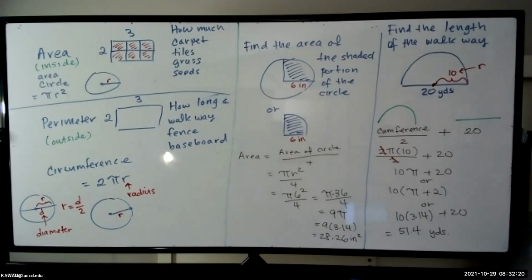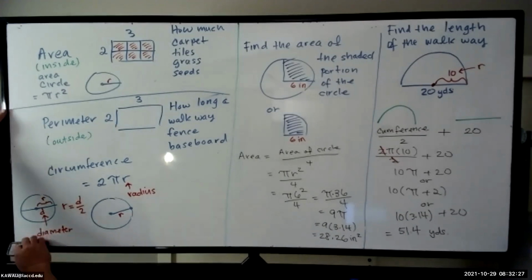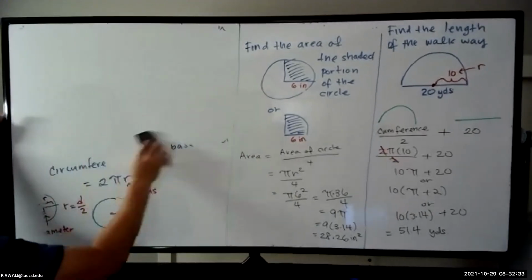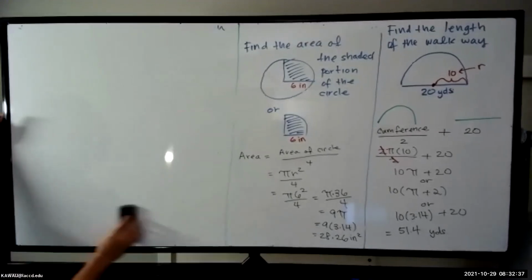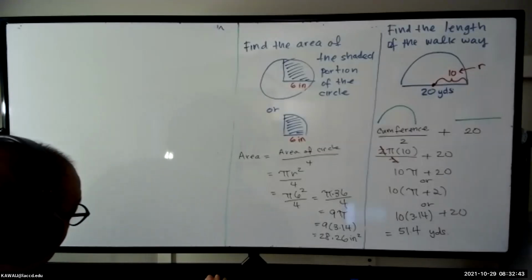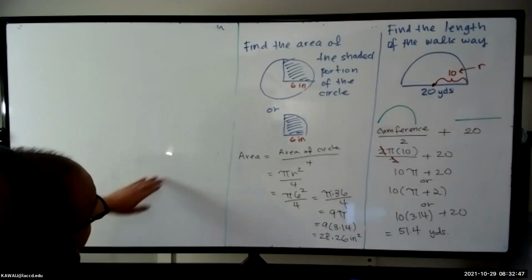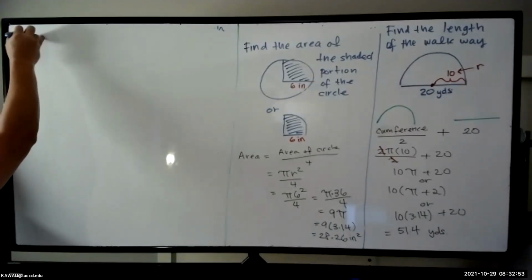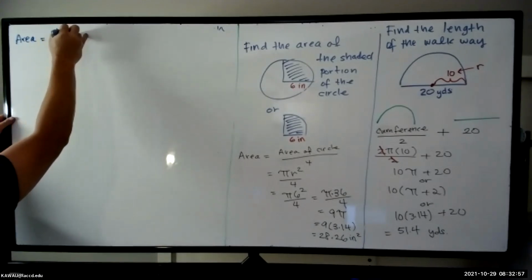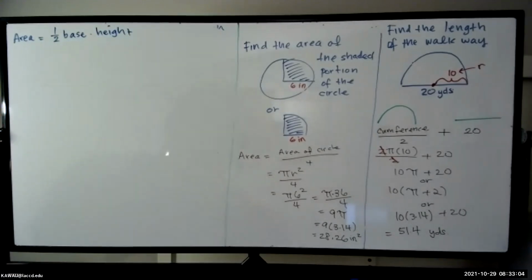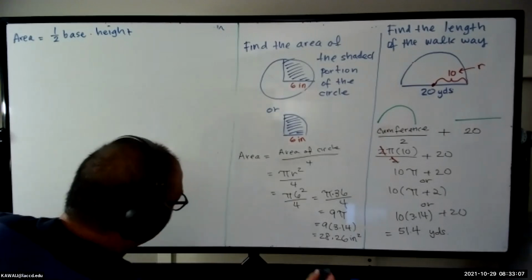Okay. Now let's look at the area of triangles. So we have area is equal to 1/2 base times height. So base is one side of the triangle.